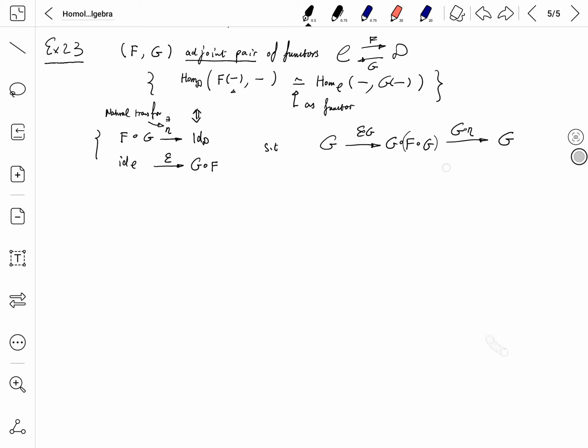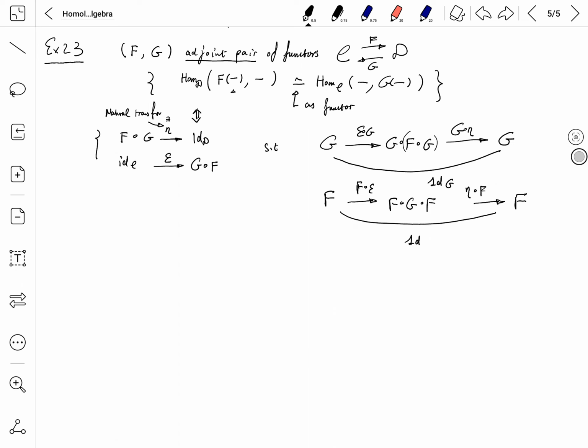We require this composition to be the identity natural transformation. Similarly, if you start with F, you could arrive at GF and go back to F. We require this again to be the identity natural transformation of F.